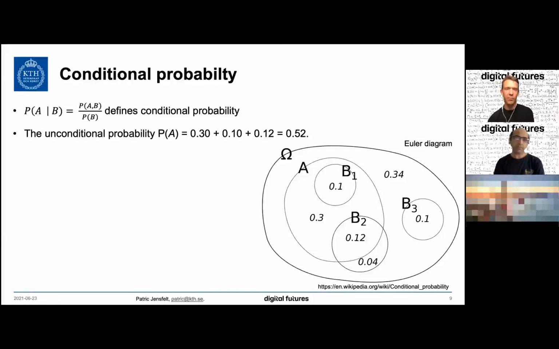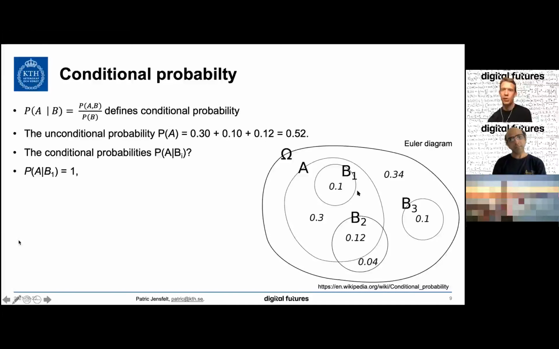If we want to look at the conditional probabilities for the different Bi here, if we know that B1 is true, then we also know for sure that A is true, because in all cases where B1 is true, A is also true. If we instead want to look at the conditional probability of A given B2, well, then we're in this area.